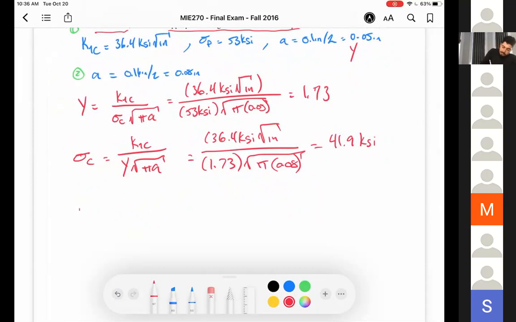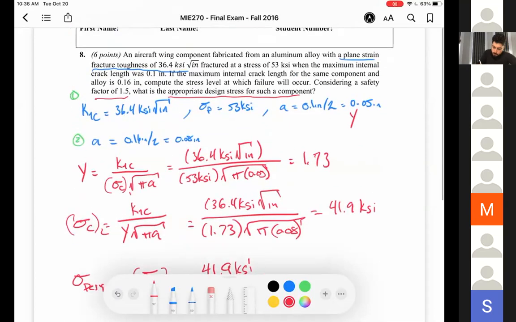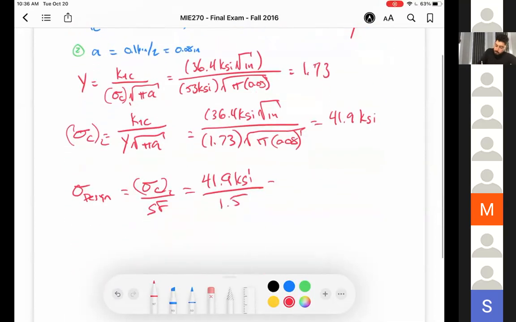So our design stress is equal to our critical stress. I think we should label this as critical stress 2 and that one as 1, just to distinguish between the two. We'll divide by a safety factor. So 41.9 KSI divided by 1.5 gives a value of 27.9 KSI.